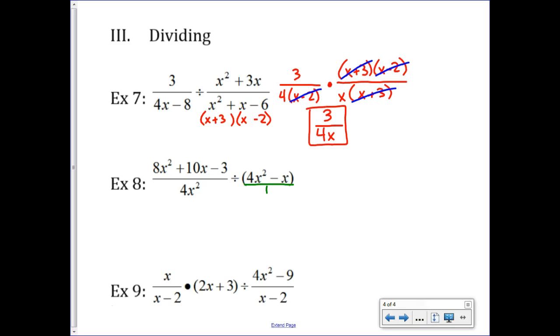So I need something that multiplies to negative 24 and adds to positive 10.